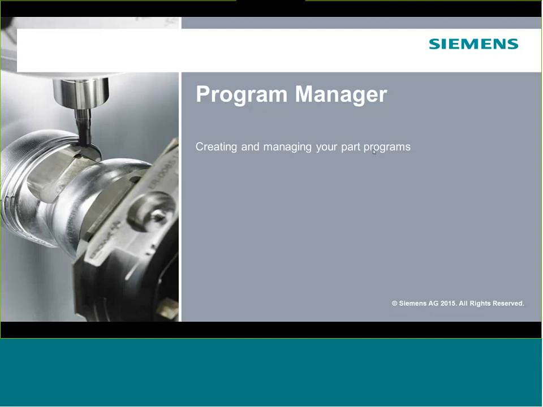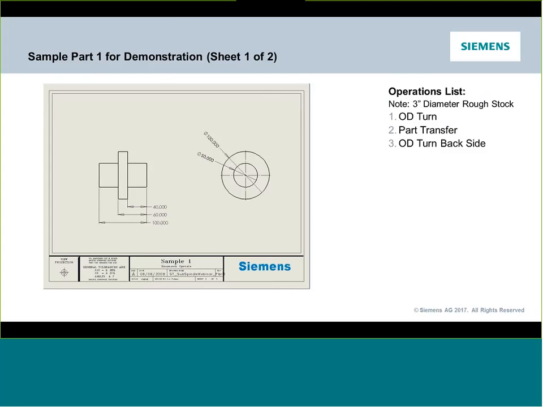Okay, so you've heard me talk a lot. Why don't we get into the mechanics of actually driving this program and creating some simple programs for it. We're going to do a very, very basic job. This webinar has nothing to do with the complexity of the part, it's all about the operation, the process. So intentionally, I want to do a very simple part where we're just going to machine a 100mm blank.